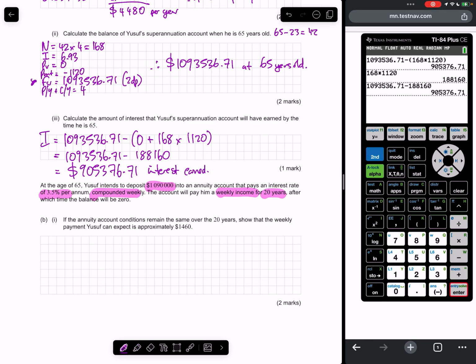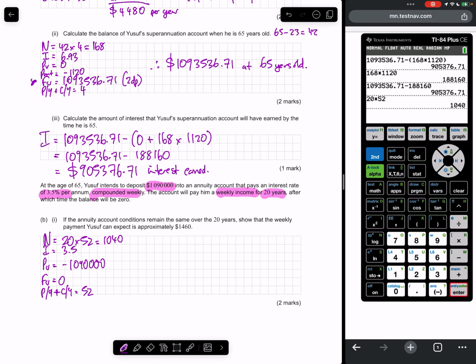He's planning to die after 20 years. 20 lots of weeks, it's 52, 1040 weeks. The interest rate is 3.5%. He's initially putting in $1,090,000. He wants it to end up with nothing, because it's compounding weekly, and he's taking out weekly payments.